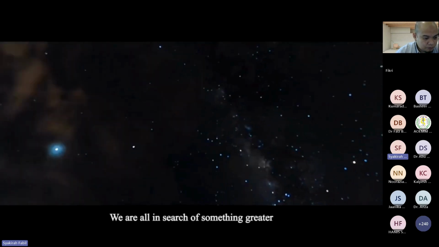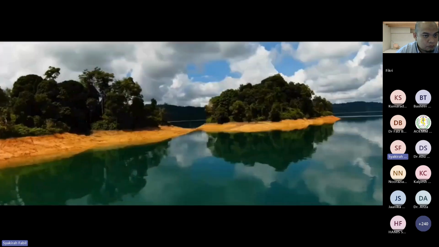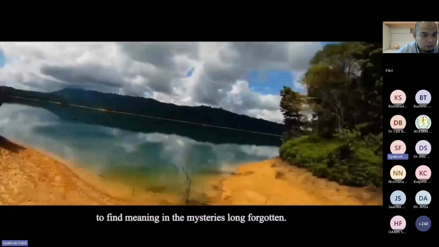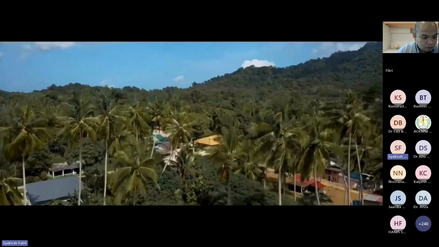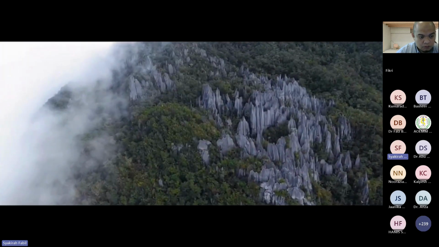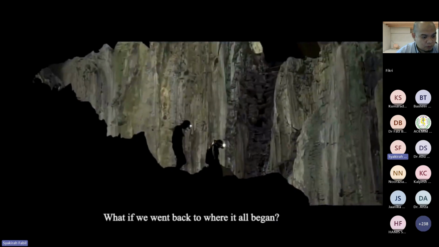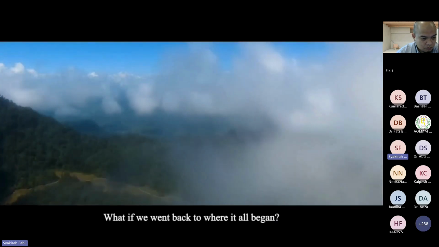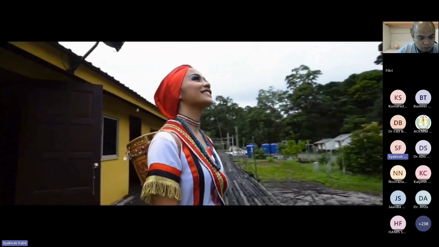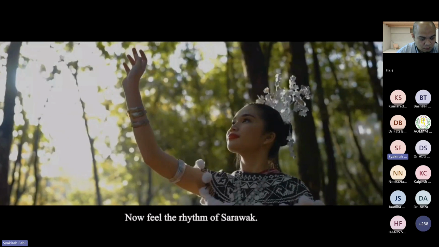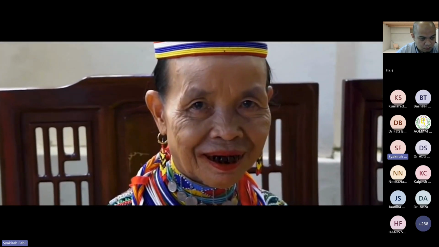We are all in search of something greater, to find meaning in mysteries long forgotten. What if we went back to where it all began and reconnected with our origin? Now feel the rhythm of Sarawak.